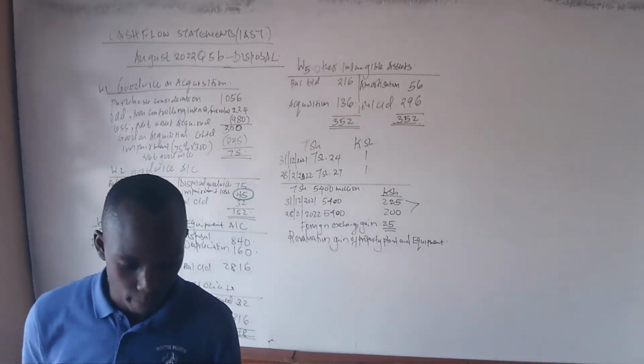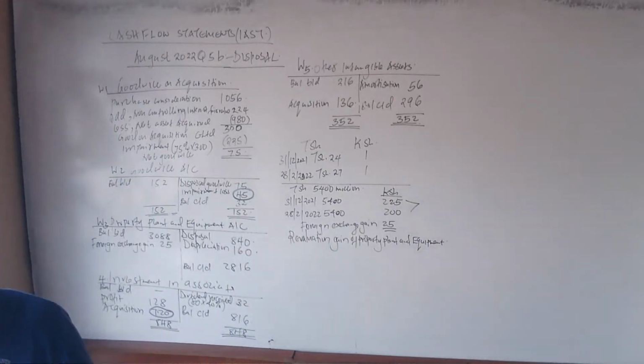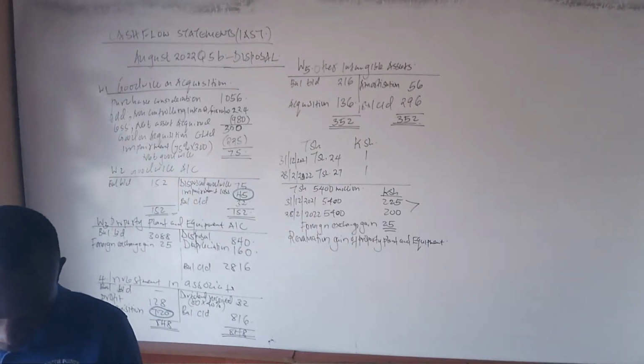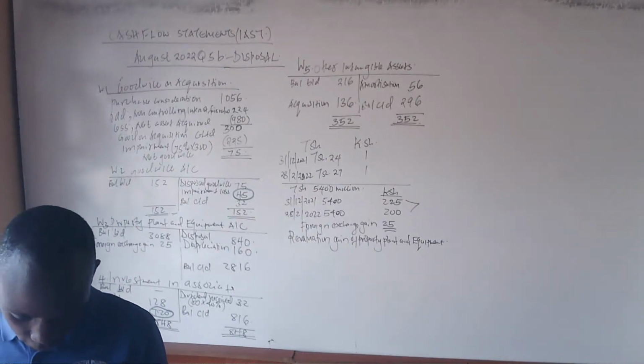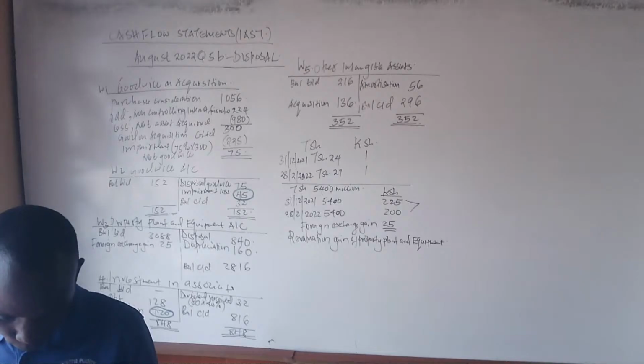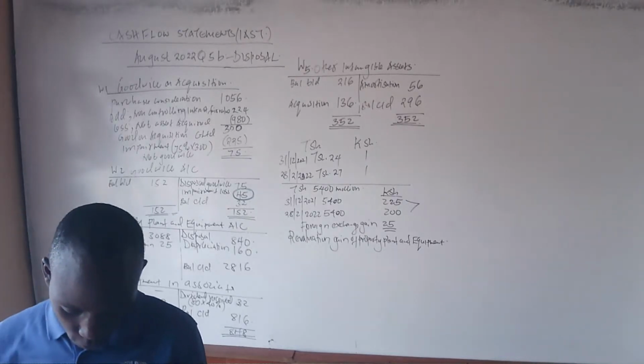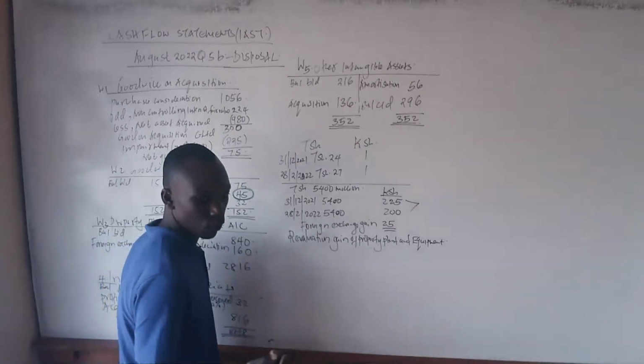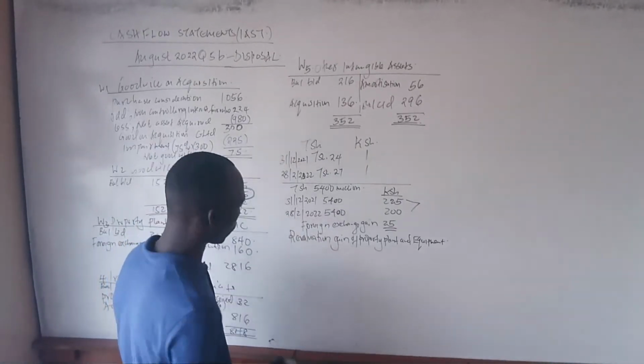Go to the income statement. Other comprehensive income: gain on property revaluation, 28, net of deferred tax. We don't need the net of deferred tax. We need the full amount.